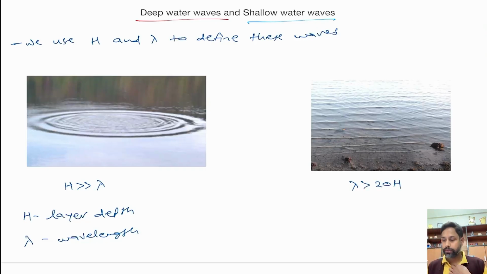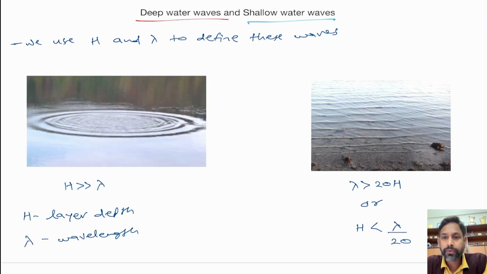So 20 looks like an arbitrary number, but based on different experiments this is found, and when the wavelength of a wave is greater than 20 times h, or h is smaller than lambda by 20, then the wave is considered to be a shallow water wave.